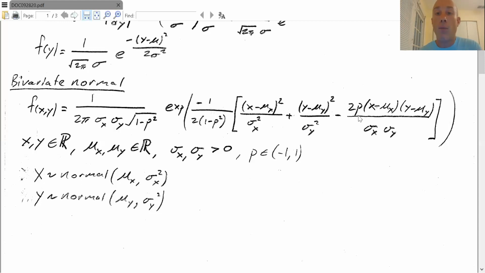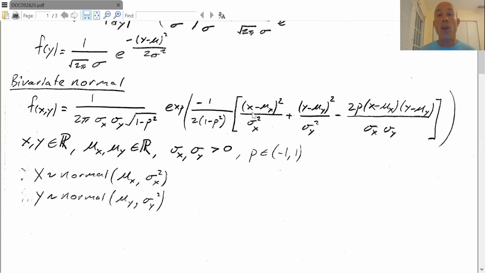So if rho is 0, this would just be a 1, so we won't care about it. This would disappear. And then I have addition in an exponent, which I can convert to multiplication. If I've got multiplication of densities, then I have independence. So the only time that bivariate normal has independence is if rho is equal to 0. That's something that's very nice about this.